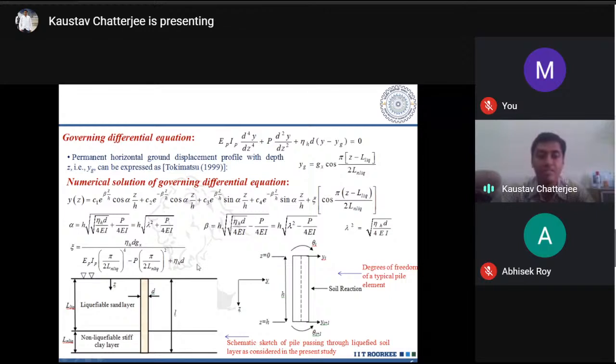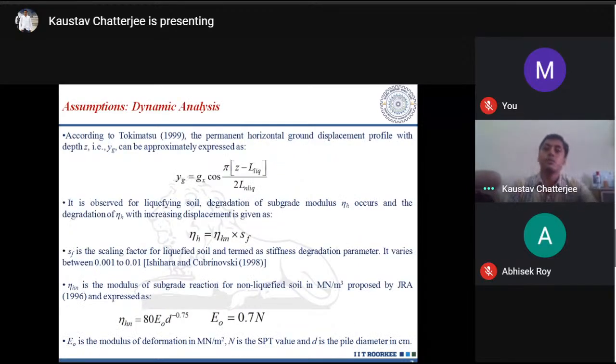To make it simple, I have drawn this schematic sketch of the pile passing through a liquefiable soil with the water table at the ground surface. Now, in order to do this work, there are certain assumptions that have been considered in the literature. Firstly, this one, which I have already done according to Tokimatsu, is how we determine the permanent horizontal ground displacement profile. Next, in case of a liquefiable soil, the subgrade modulus undergoes degradation.